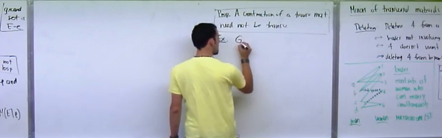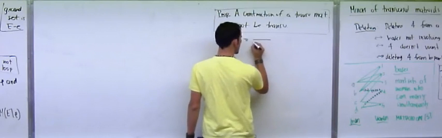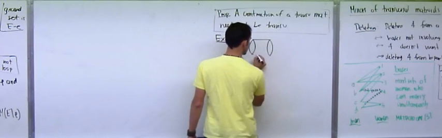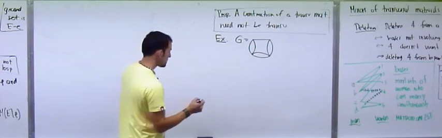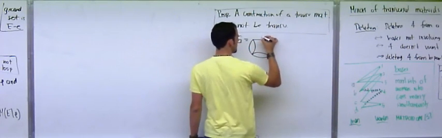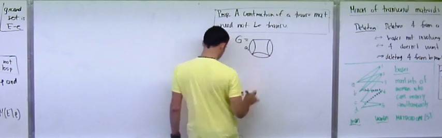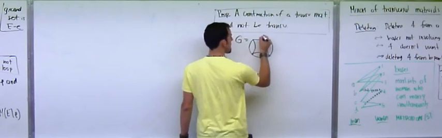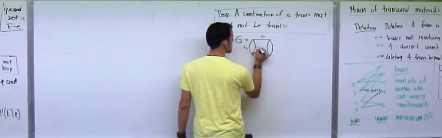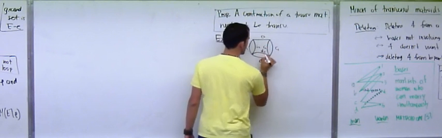First, let's start with a graph. And the graph looks like this. I'll call these A, B1, B2, C1, C2, D1, D2.